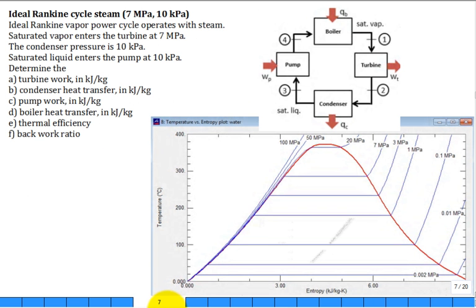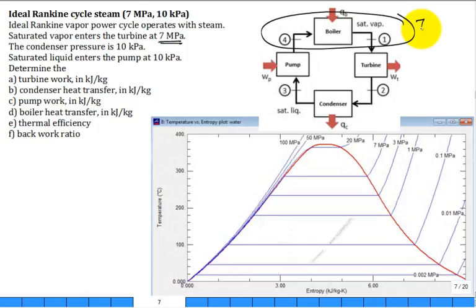Well, here's a real problem. They say, an ideal Rankine vapor power cycle operates with steam as the working fluid. Saturated vapor enters the turbine at 7 megapascal. Once they say something like that, guess what they just gave you? The 7 megapascal is the pressure of the boiler.